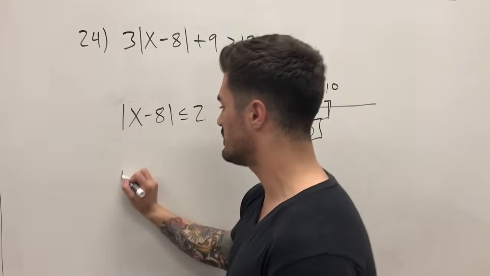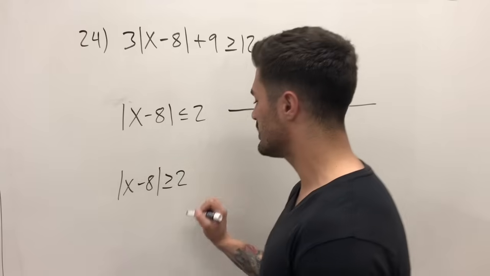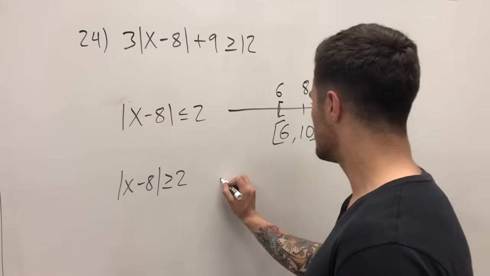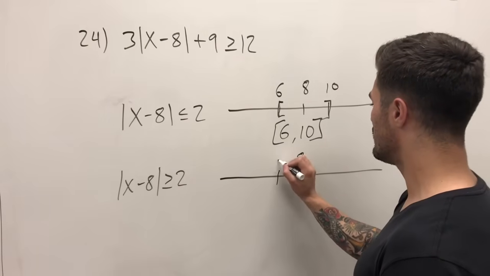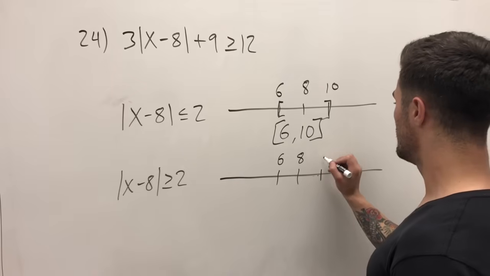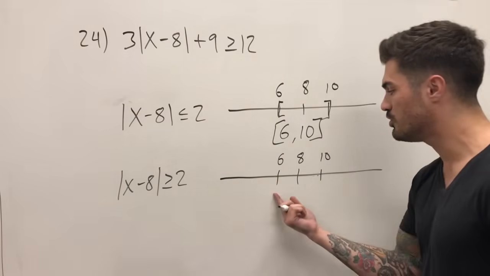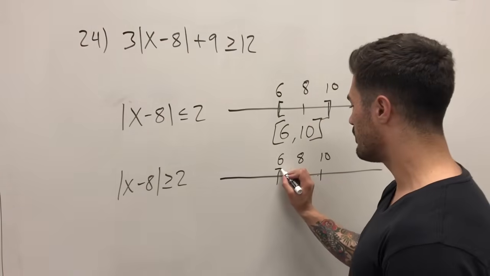But what if I have something like this? Absolute value of x minus 8 is greater than or equal to 2. Then my solution looks a little different, because now the distance between x and 8 is more than 2 units. So I have 8, 2 away is 6, and that's 10. Since we're greater than or equal to, we're including 6 and 10, but now we're moving away from 8, right?